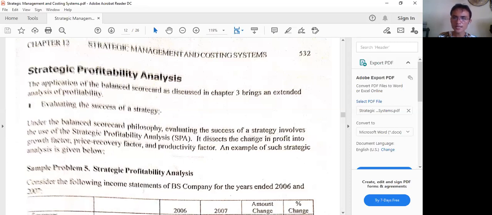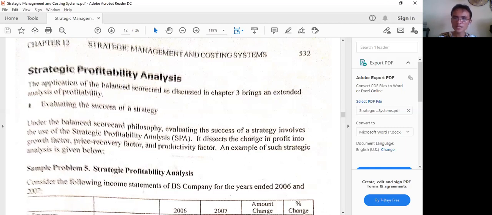Strategy is any action or goal or step or procedure, or it could be a system that is geared towards the achievement of a long-term endeavor or perspective. So strategies could be specific, really courses of actions or steps that would achieve the long-term goals and objectives of the company.